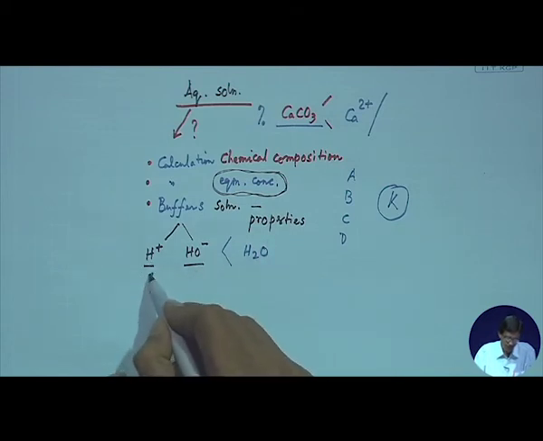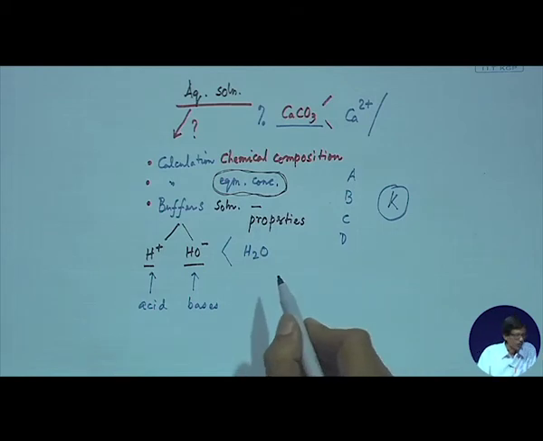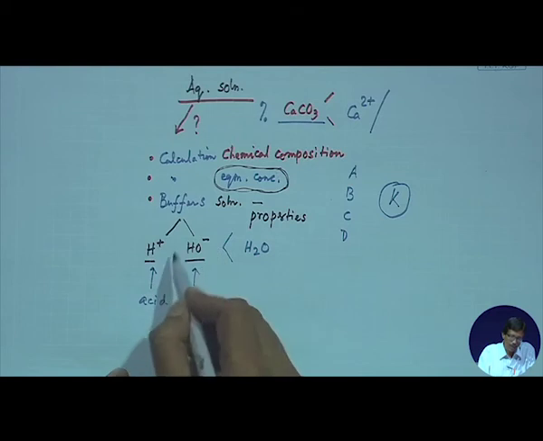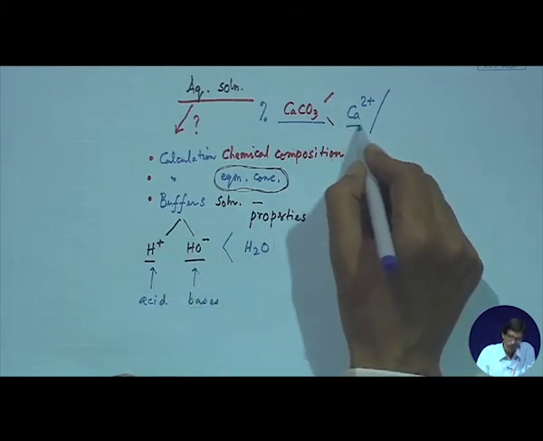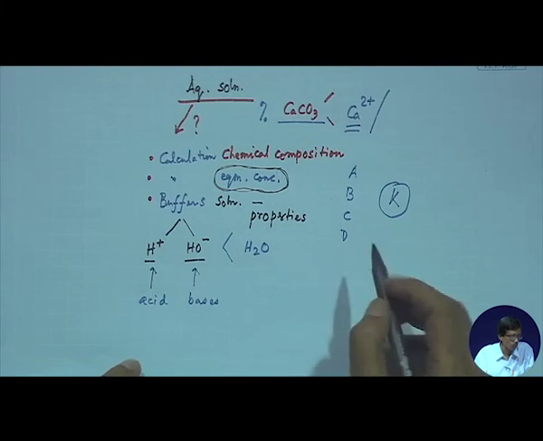But apart from that, we can also get these from acids and different bases. So, these H+ and HO- we can get, but we are talking about something else, where a saturated solution of Ca2+ is useful.